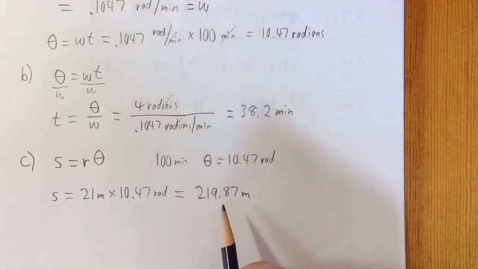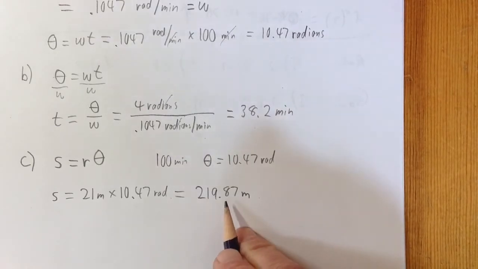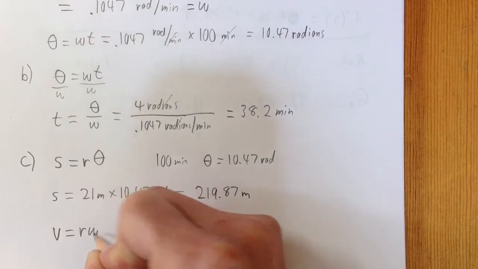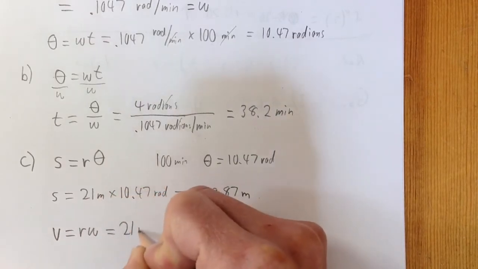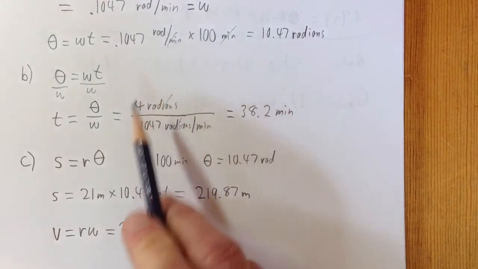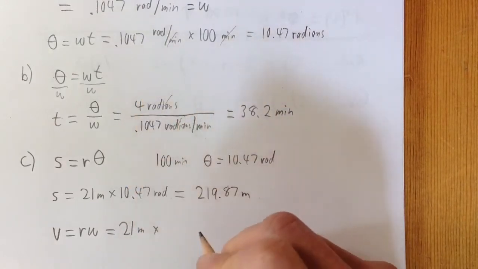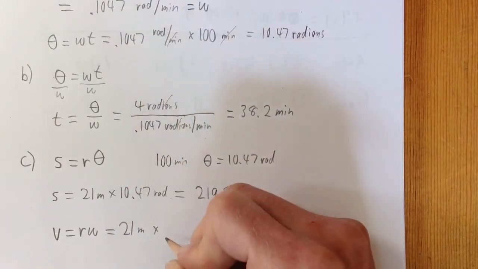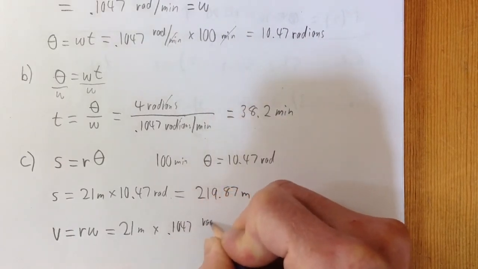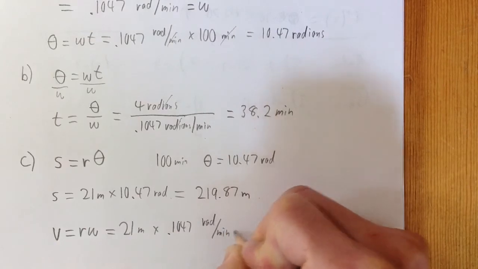So, now they could have said, how fast are you moving? They should have. I don't know why they didn't. So let's pretend they did. How fast are you actually moving in a circle? Well then, we just say v is equal to r omega, which is 21 meters times the omega we already figured out, 0.1047 radians per minute.